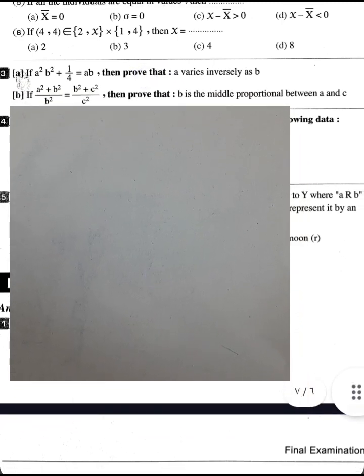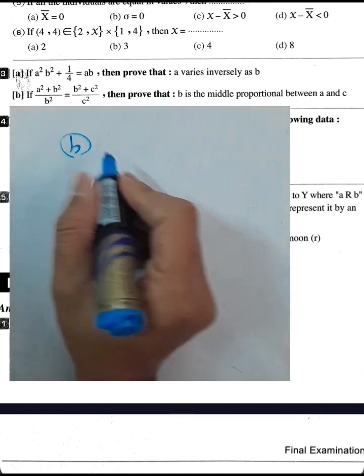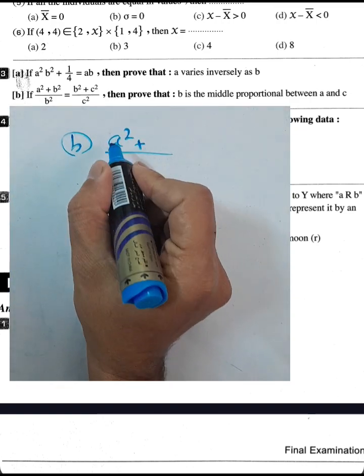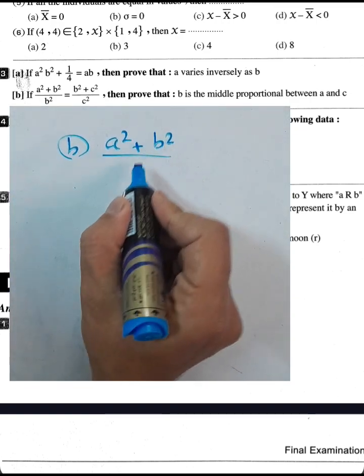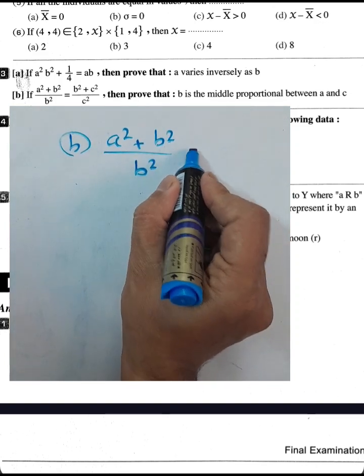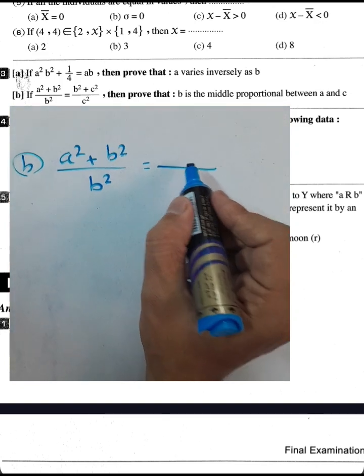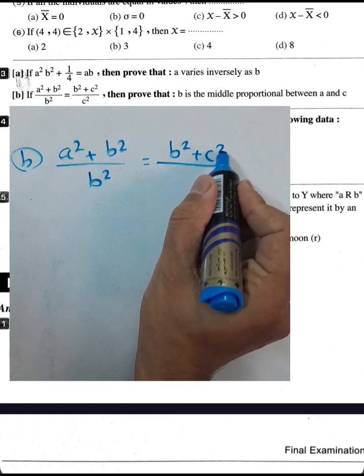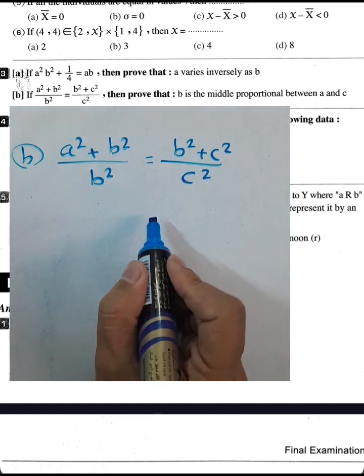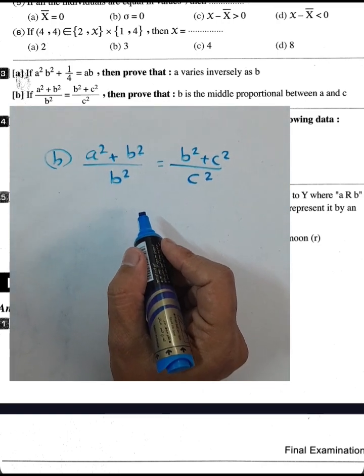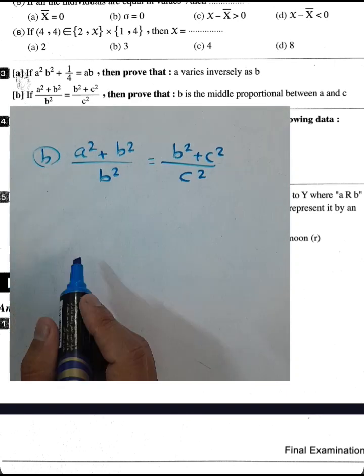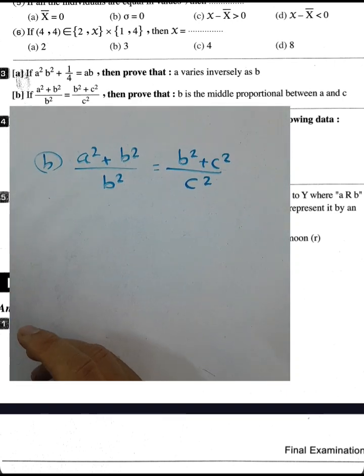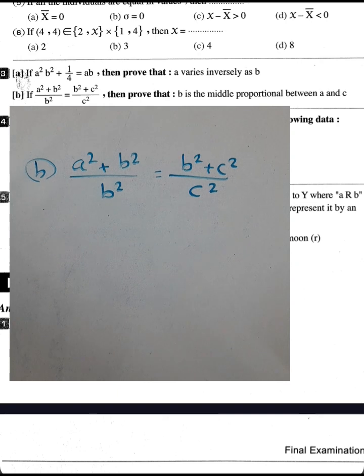Letter b. If a power 2 plus b power 2 over b power 2 equals b power 2 plus c power 2 over c power 2, prove that b is the middle proportional between a and c. To find the result of this example, you must use the rule: the product of extremes equals the product of means.